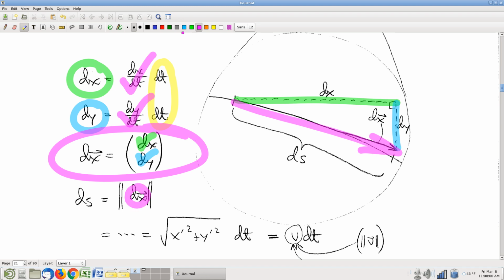And, calculate, and then the happy punchline is exactly what we already knew. It's speed times dt. The point here is not the conclusion. The point is the breaking down of understanding the curve by the displacement vector, understanding the displacement vector by the coordinates, and understanding the coordinates by single variable derivatives.